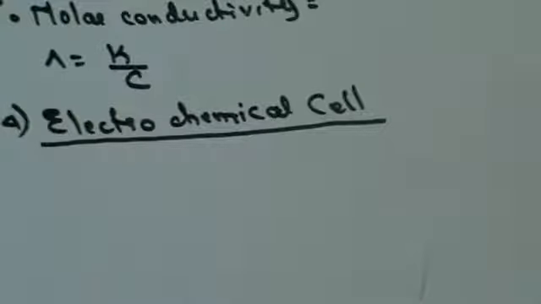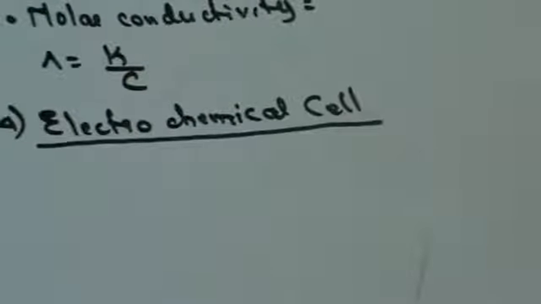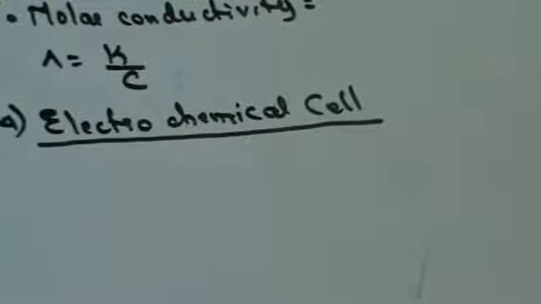It is made up of two metal plates or carbon rods dipped in an aqueous electrolytic solution, and the charge transfer through the electronic conductors in metallic conduction takes place in it.